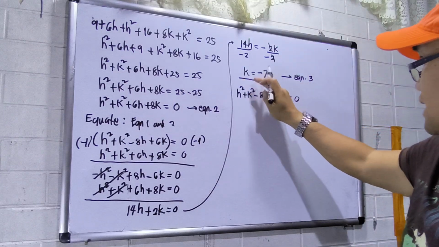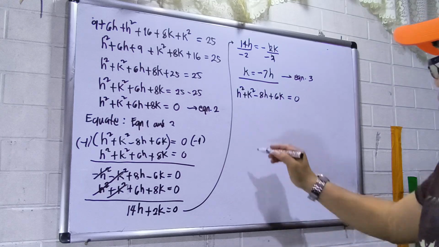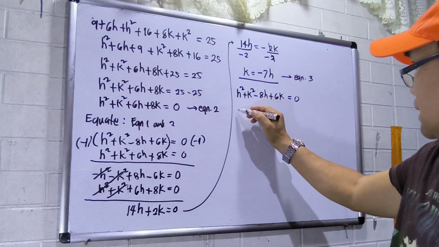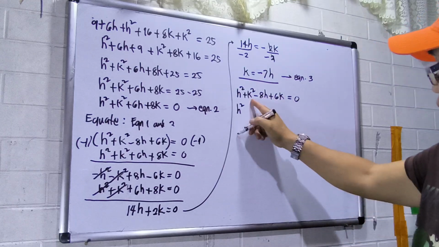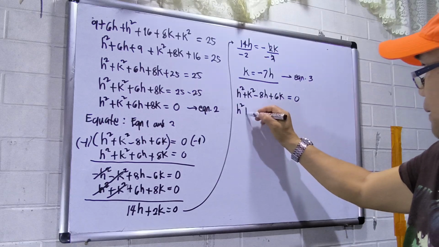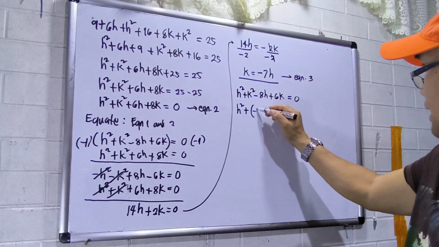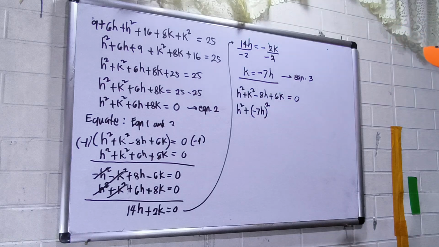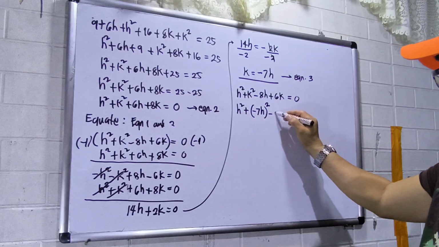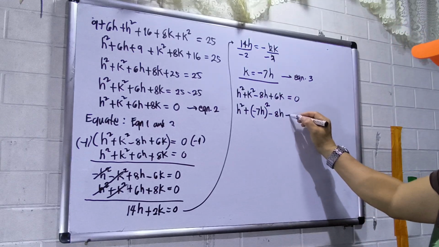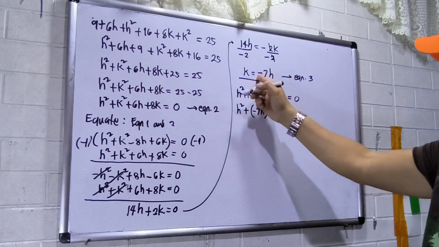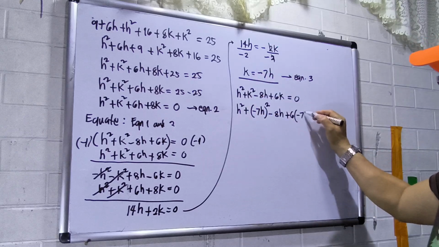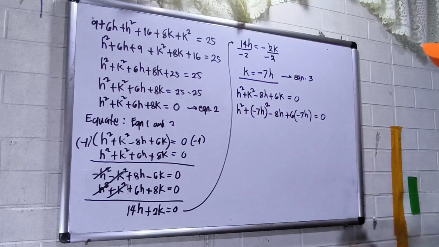So, K is equal to negative 7H. So, this will be H squared, then K is negative 7H squared. Then minus 8H plus 6K, where K is negative 7H, is equal to 0.